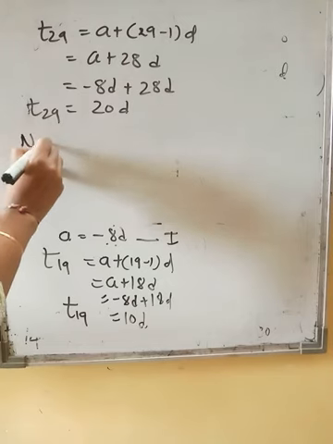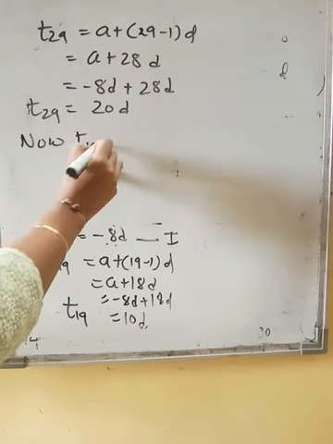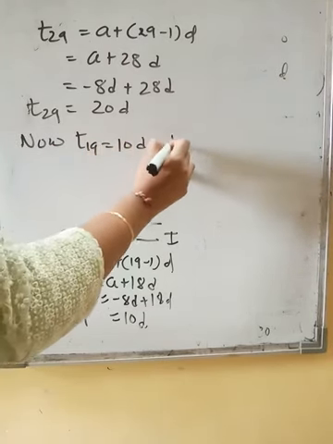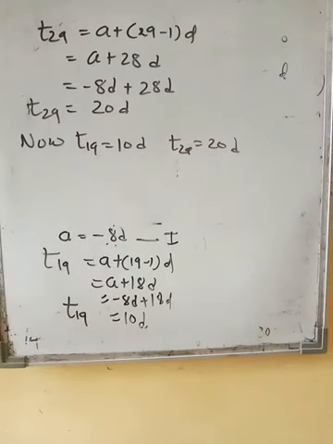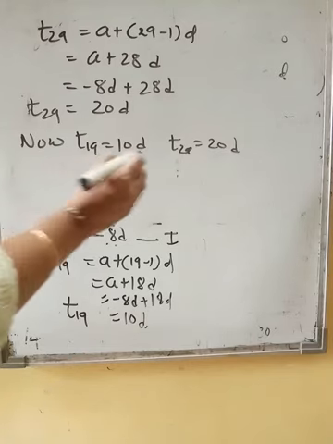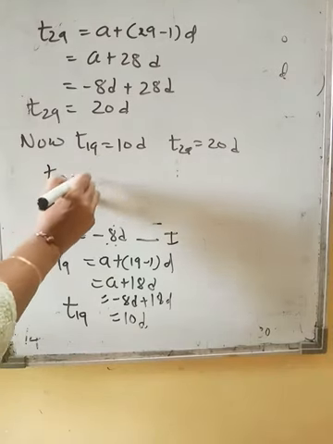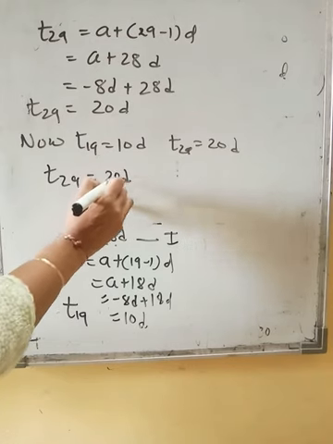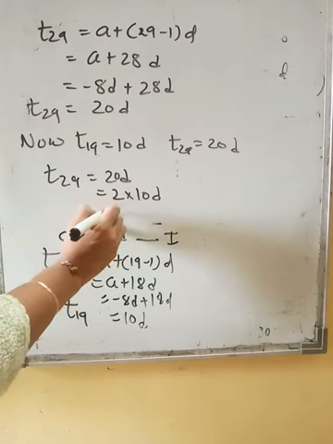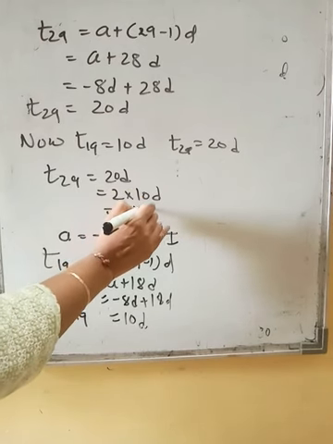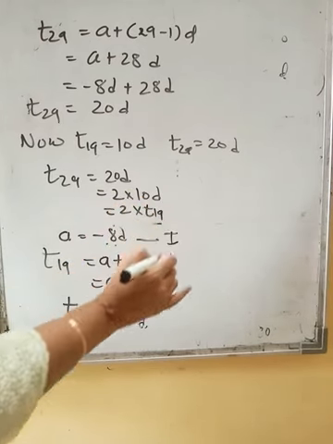Now children see. T19 is 10D and T29 is 20D. So is it double? Right? So I can write: yes, T29 is 20D, which is 2 into 10D, and 10D I can write as T19.